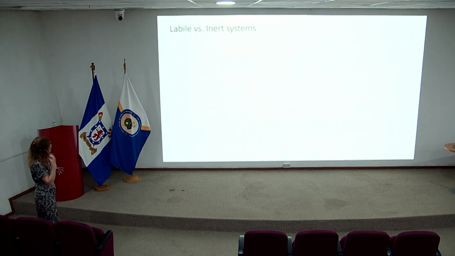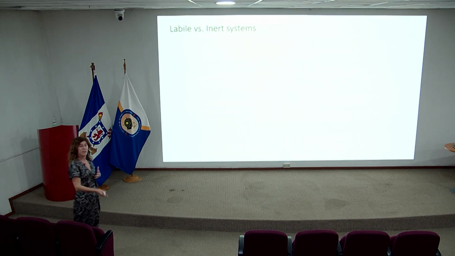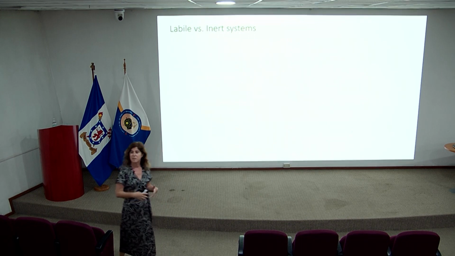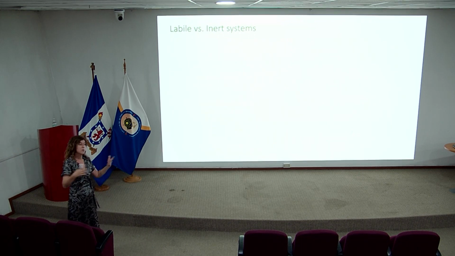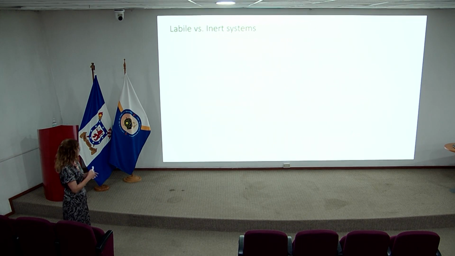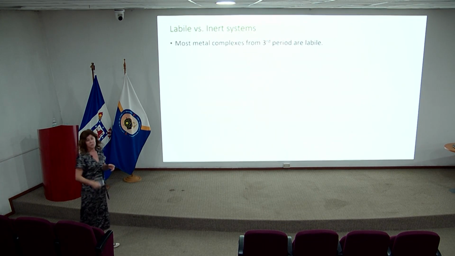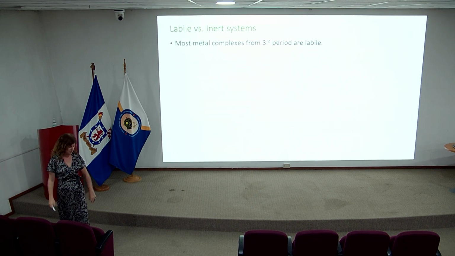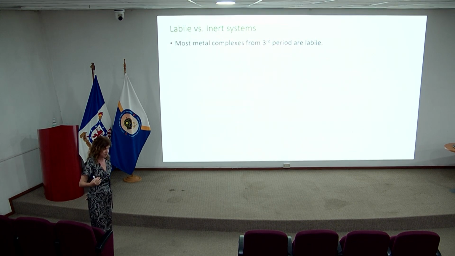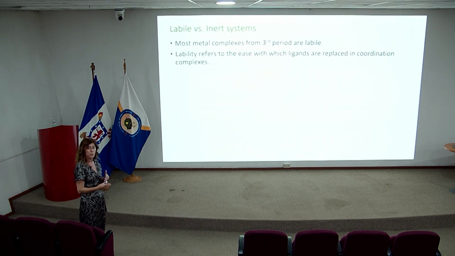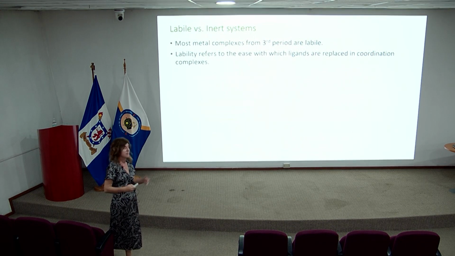There is one question which is quite important in speciation, which deals with lability, because some metals are inert towards substitution and some are labile. But in general, metal species from the fourth period, so the first transition metal series, are typically labile. This means the ease with which they replace their ligands.